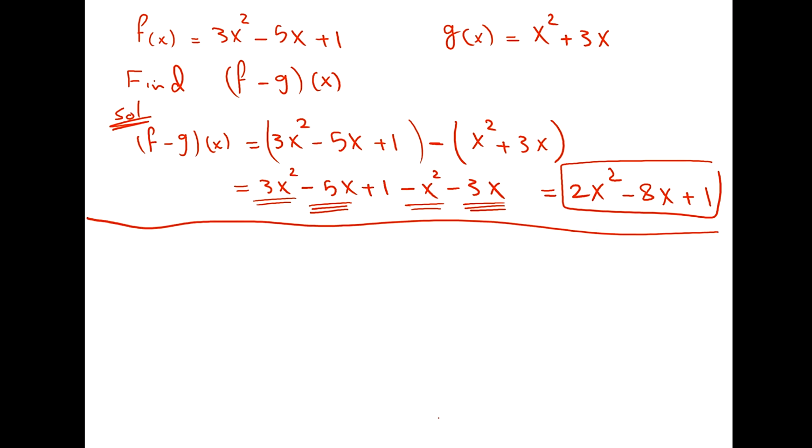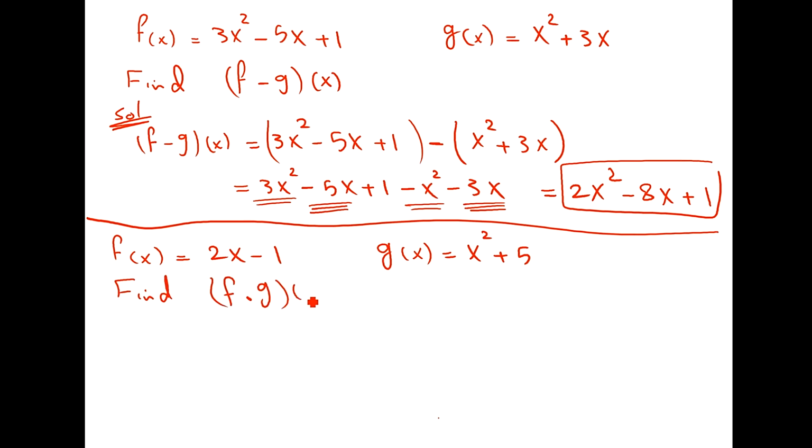Another example, f of x equals 2x minus 1 and g of x equals x squared plus 5, and we need to find f multiply g. f multiply g of x equals 2x minus 1 multiply x squared plus 5.